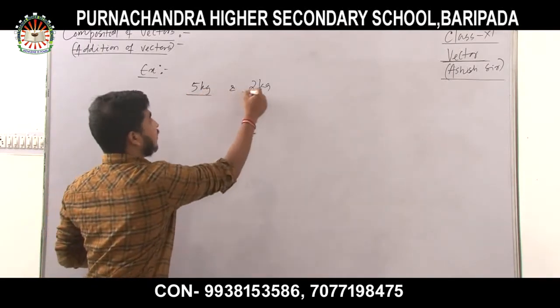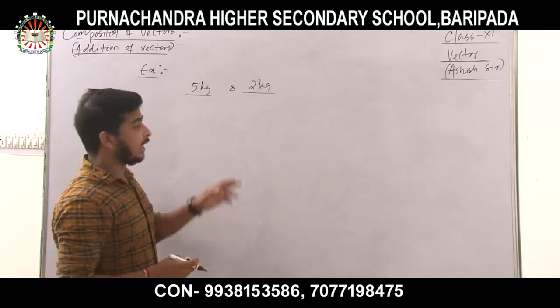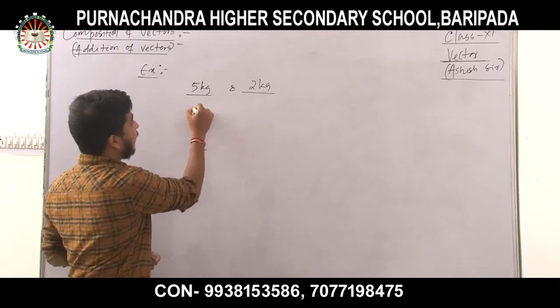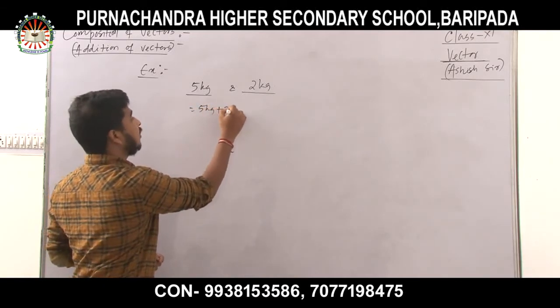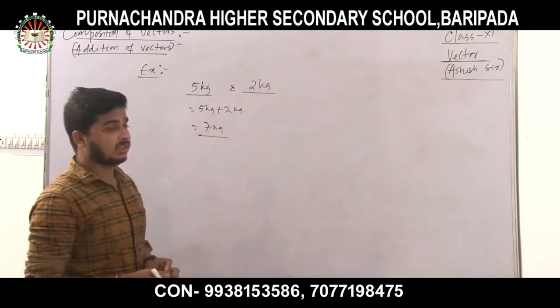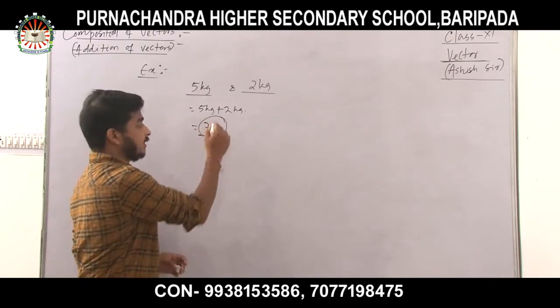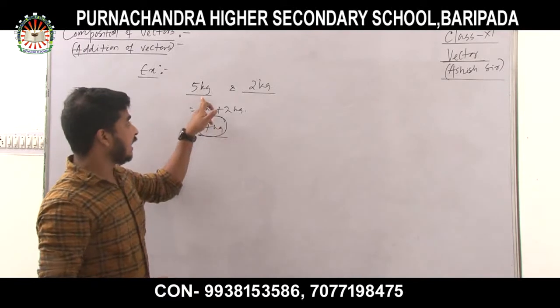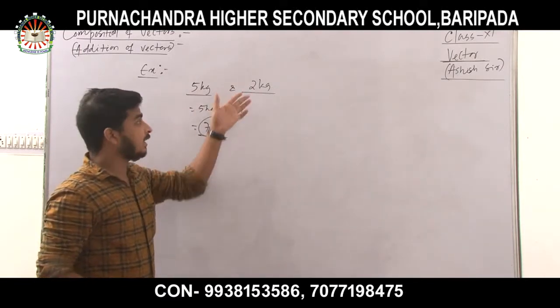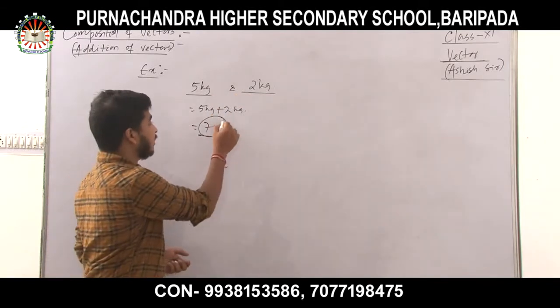These are only magnitudes, and mass is a scalar quantity. So you can just add 5 kg plus 2 kg, which equals 7 kg. But what is 7 kg? That is the resultant magnitude of the mass. Resultant means the final result.